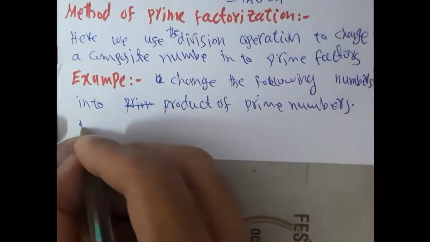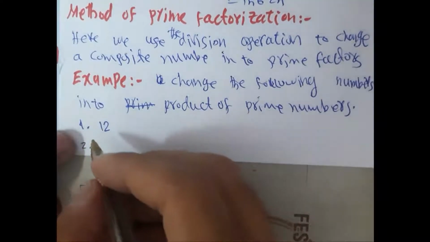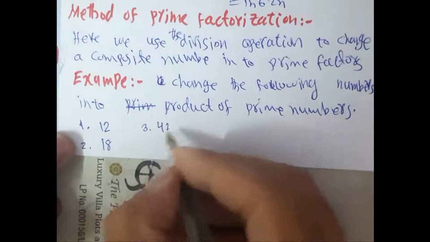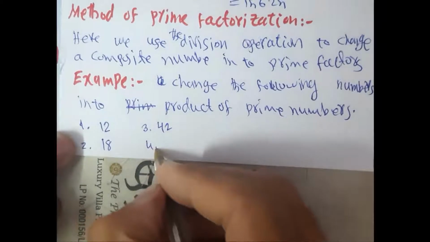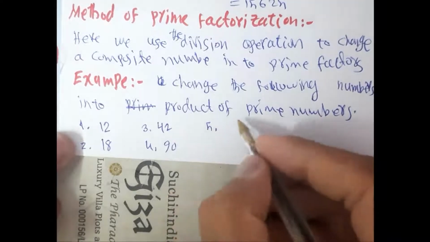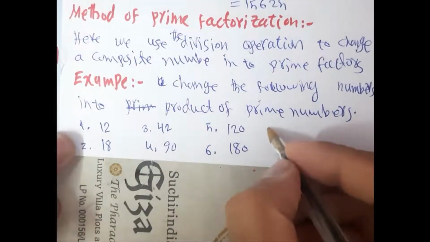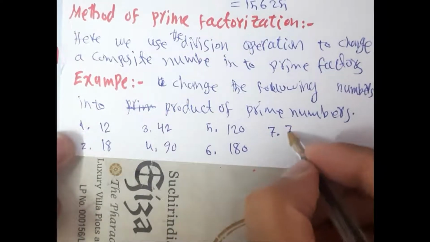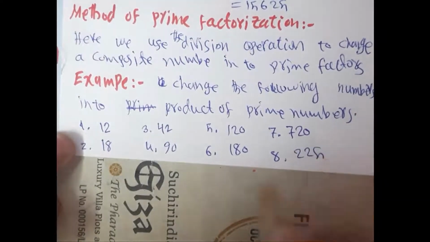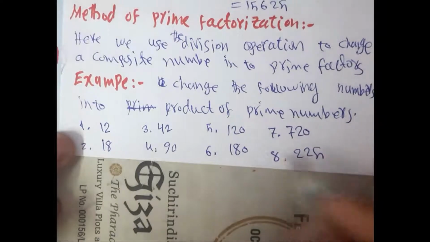Question 1, 12. Question 2, 18. Question 3, 42. Question 4, 90. Question 5, 120. Question 6, 180. Question 7, 720. Question 8, 225. We want to find the prime factors, the product of prime factors, of these 8 numbers.